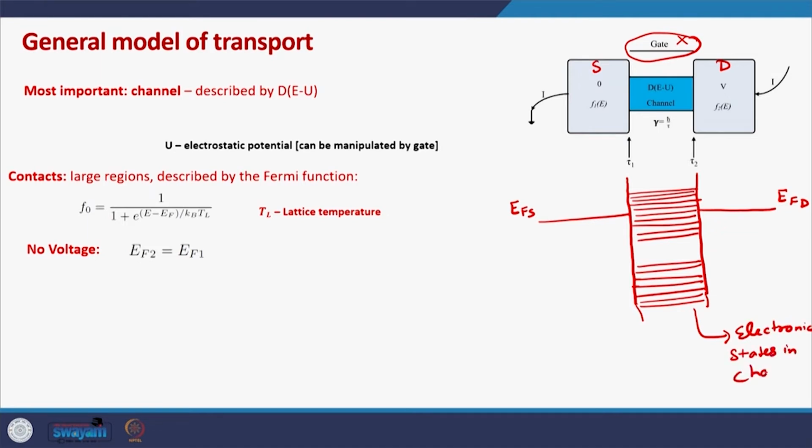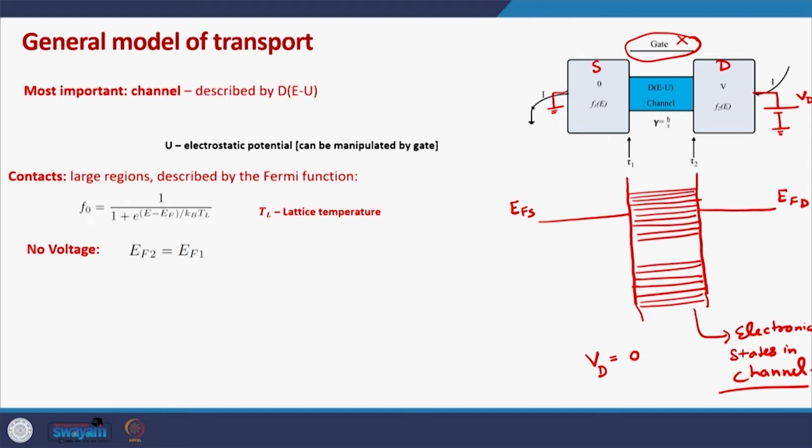So, this is the situation when there is no externally applied voltage on the device, V applied is 0 or V drain is 0. Generally the source is kept grounded and we apply a battery at the drain terminal.